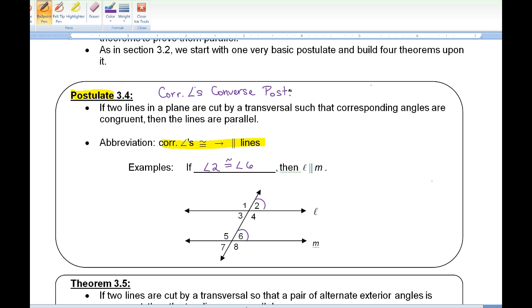I like the abbreviation a little bit better just because I think it explains it a little bit more. In other words, if you have corresponding angles congruent first, then you can conclude that you have parallel lines. So that would be step 2.